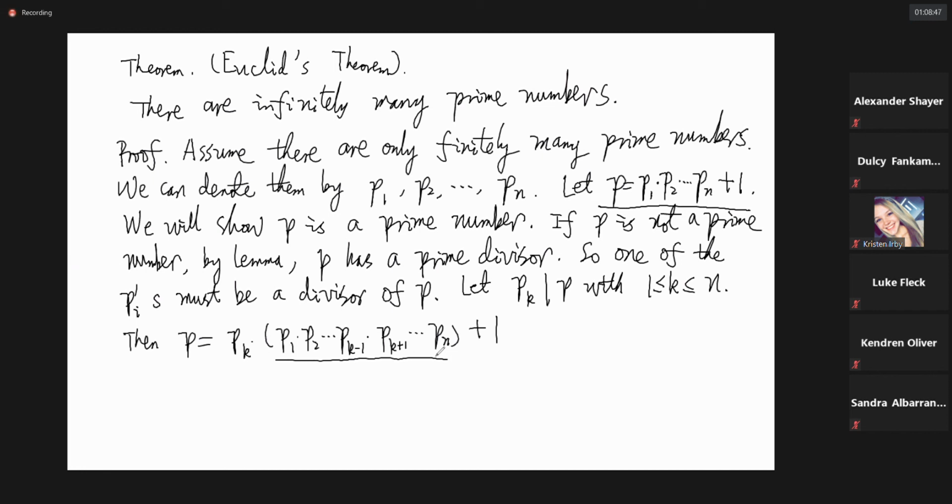But then this is a contradiction because this pk cannot be a divisor of P. This implies that pk does not divide P. But this is a contradiction because we just said that pk divides P, but the definition of P tells you that pk does not divide P. Contradiction.